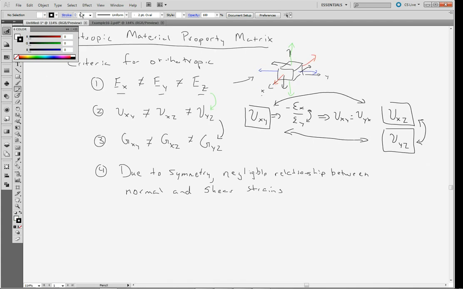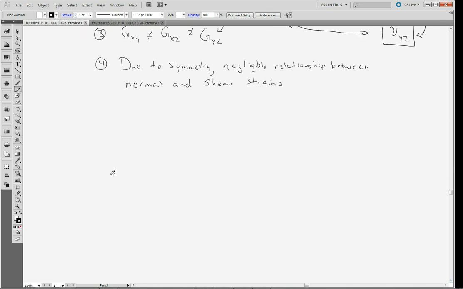All right, so back to generalized Hooke's law. Where does this all apply? We have this material property matrix again. And it's going to be 1 over E_X, 1 over E_Y, 1 over E_Z, 1 over G_YX, 1 over G_ZX, and 1 over G_XY.